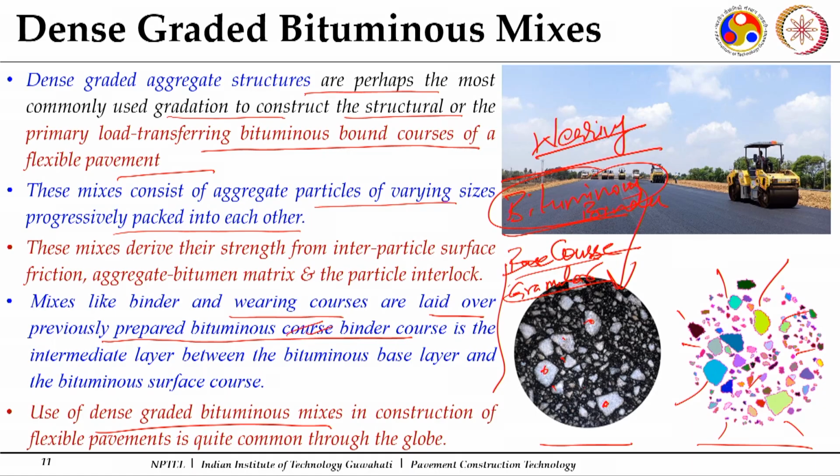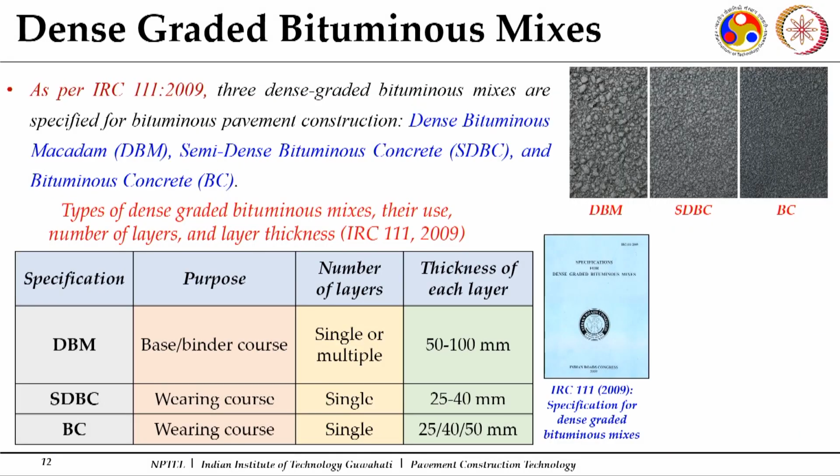Use of dense graded bituminous mix in construction of flexible pavements is quite common throughout the globe. It's not only in India, throughout the globe this is very commonly used. And the IRC codal guidelines, IRC 111 2009, suggest 3 types of mixes under this particular category.